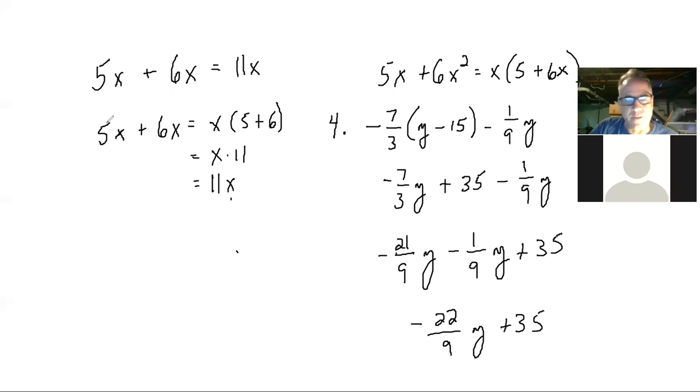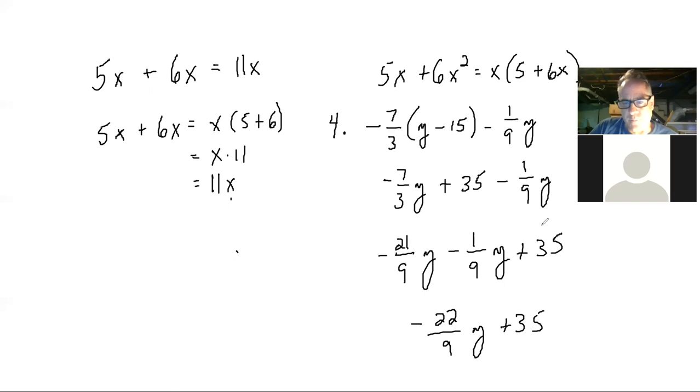I was able to rewrite it using the distributive property, and then inside add the 5 and the 6. And then I mentioned the commutative property, that I'm able to reverse the multiplication order here. And then unlike terms can't be combined, again, because of the distributive property.